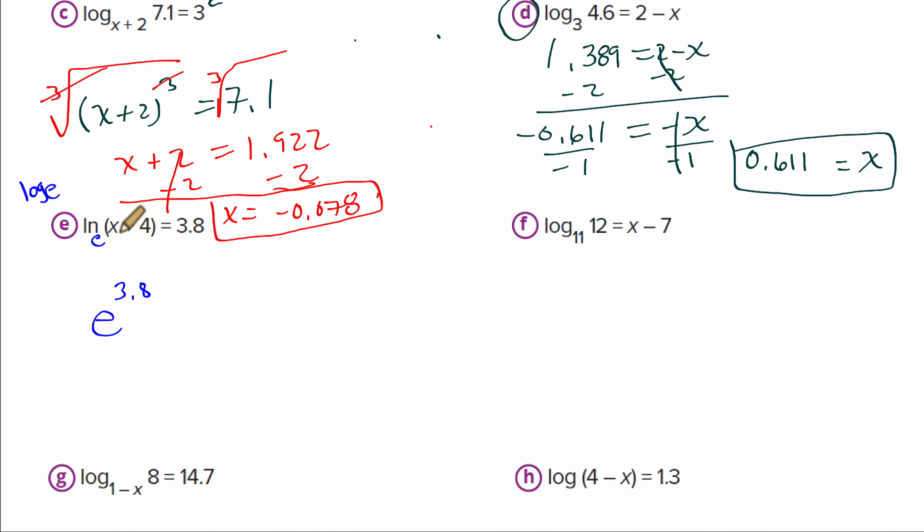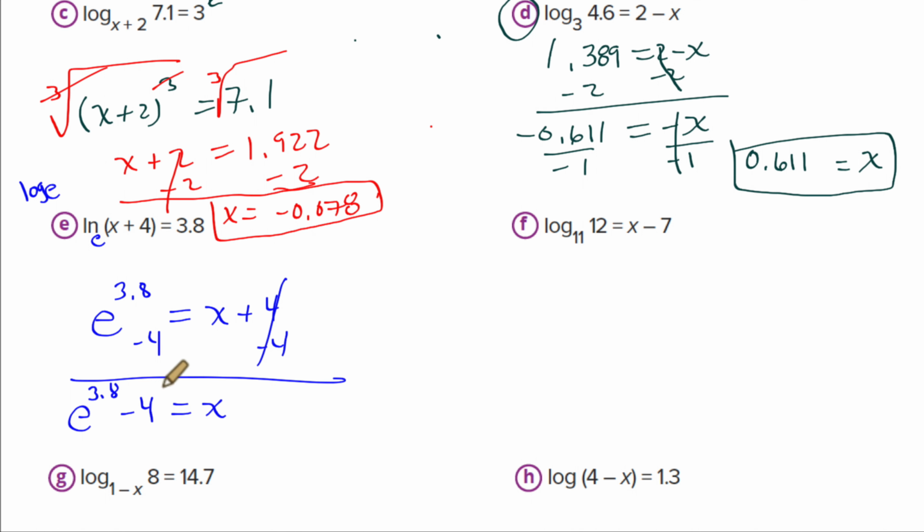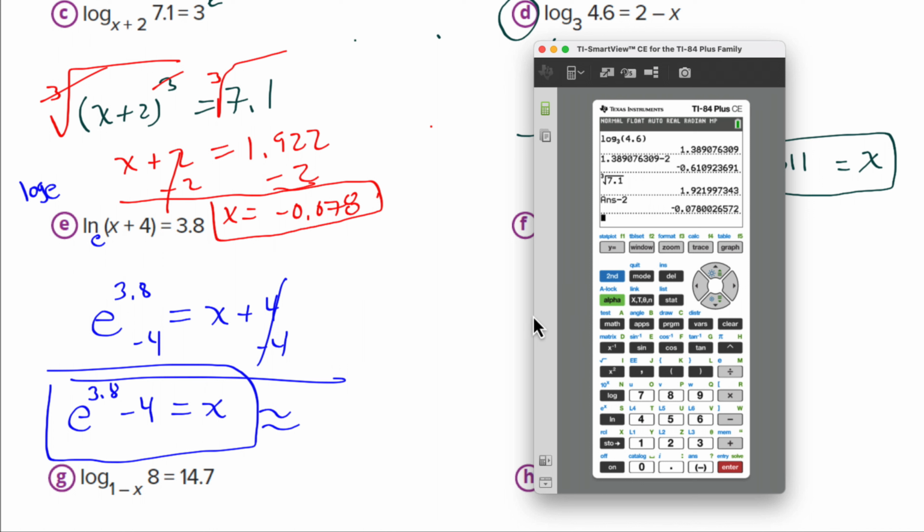Well, guess what? I can just subtract 4 from each side. This is easy peasy. So I'm going to get e^3.8, whatever that number is, minus 4 will equal x. They cancel out. That is the solution. Well, I need to figure that out. Your calculator can do that for you. So we hit second, right here's the e. So it tells us e to the, we want a 3.8.